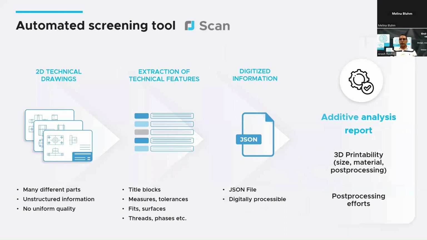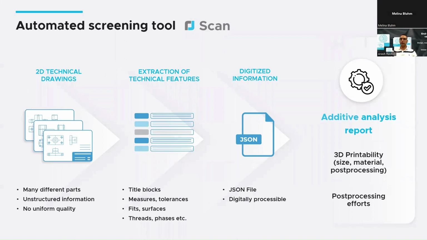That's where we can support you, for example, with one of our tools that we have, the so-called R-scan tool, that can go through the 2D technical drawings, extract the technical features on that, and digitalize it.